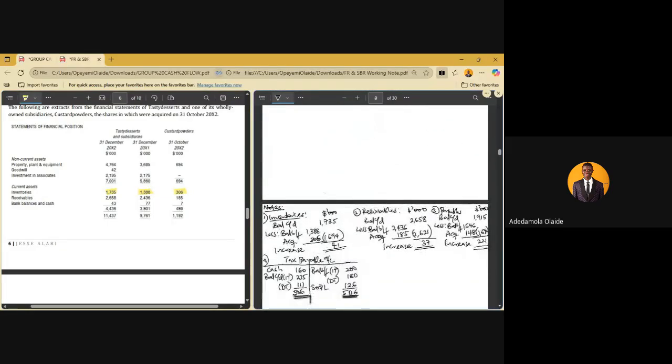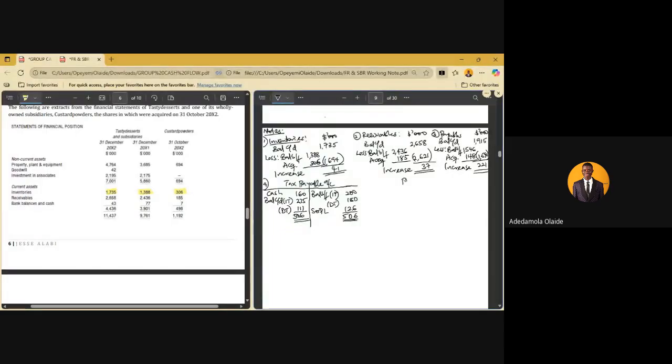PPE account: balance brought forward on the debit, 3685, and balance carried down, 4764.